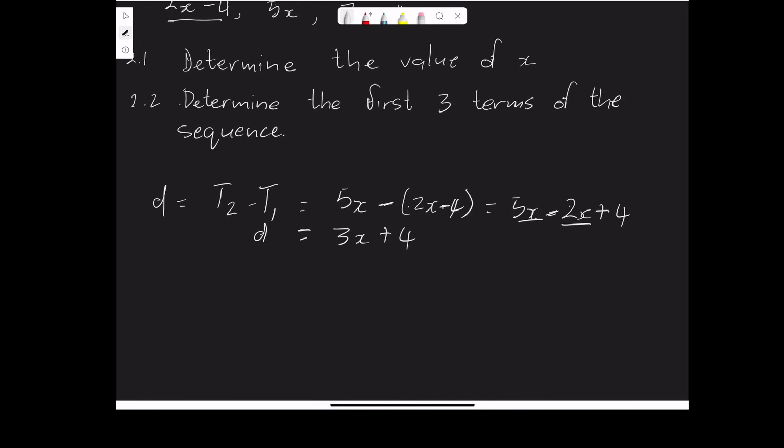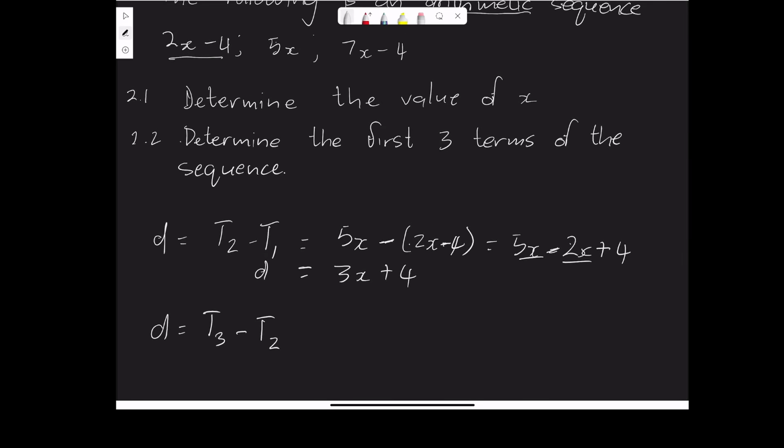However, in this case, we want to solve for that x term. So again, remember that the common difference can also be expressed by T3 minus T2. So let's take the third term minus the second term, the difference between the two.